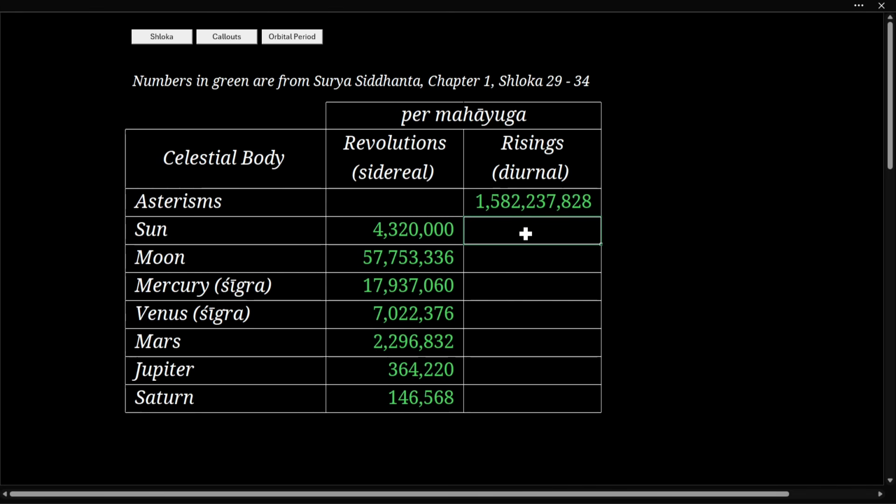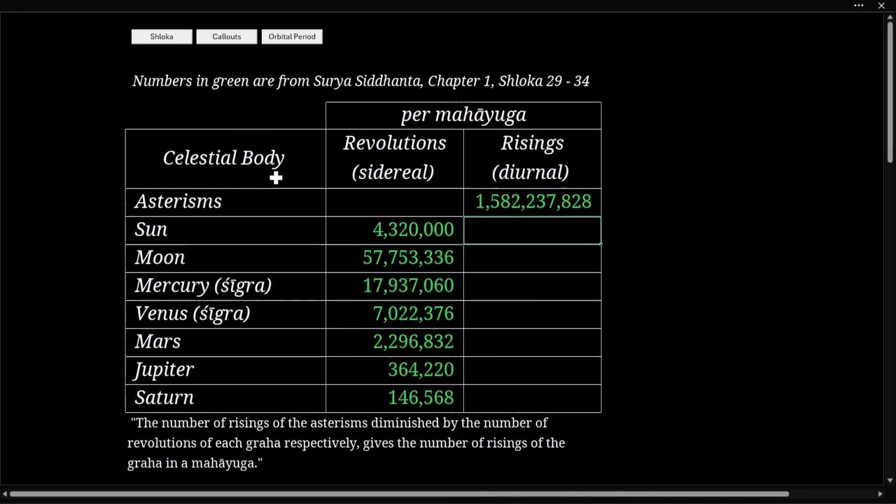The shloka actually tells you how to do that. Let me bring that shloka back here. The last shloka says, the number of risings of the asterisms diminished by the number of revolutions of each graha respectively gives the number of risings of the graha in a mahayuga. Diminished means subtraction.